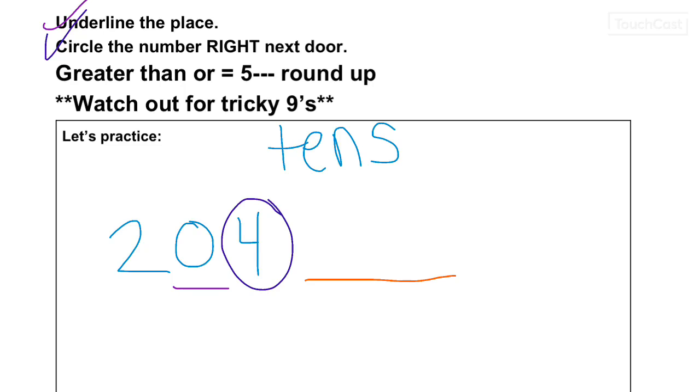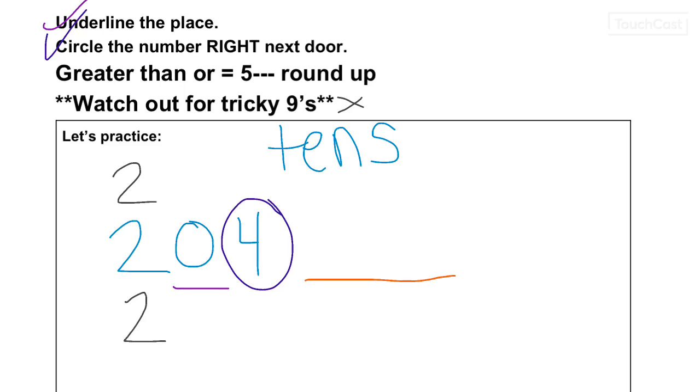Before we get there, we're going to look at which two tens this number is between. So again, do we see any tricky nines? No. So the hundreds place, see how it's not underlined or circled? Well, it's going to stay the same. I'm just going to put in 2 on the top, 2 on the bottom. Now let's look at the tens and ones. Really, I just have the number 4. What two tens is the number 4 between?